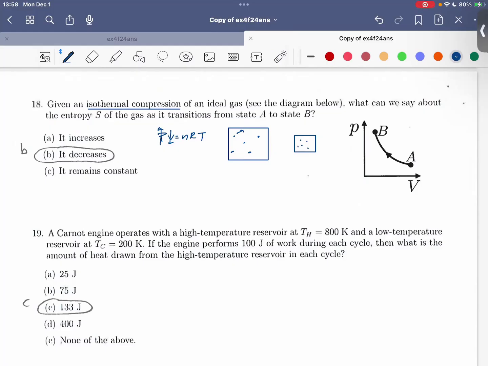You can also think about it as if you keep pushing it this way, keep increasing pressure, decreasing volume, you'll get some sort of solid, right? Where this is obviously the less entropic state, so less entropy. And this is obviously the more entropic state.